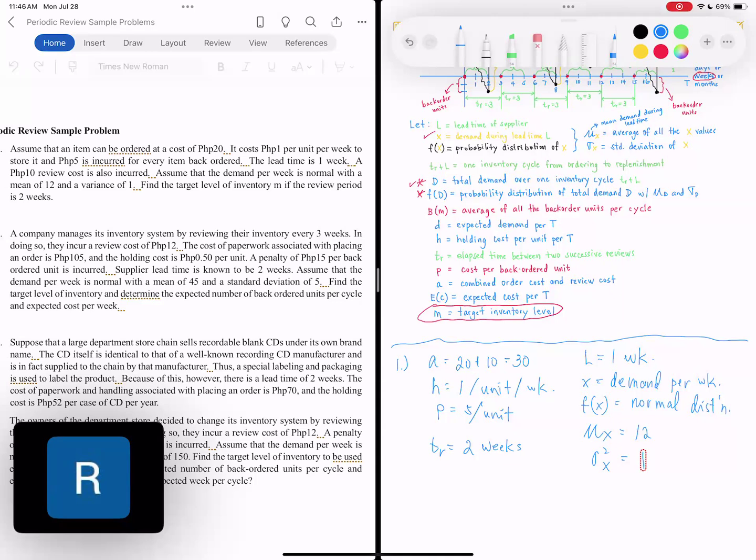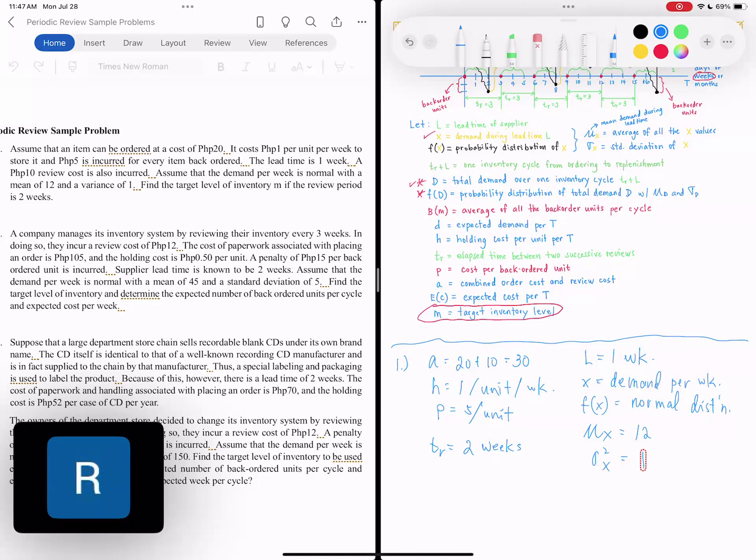That also means that you place an order with your supplier every 2 weeks. And if lead time is 1 week, replenishment comes 1 week after you place the order. Okay, so that's what it means.